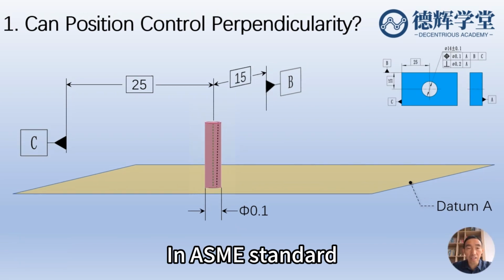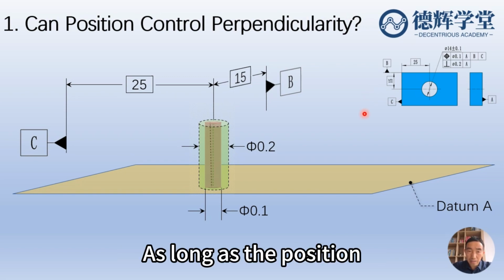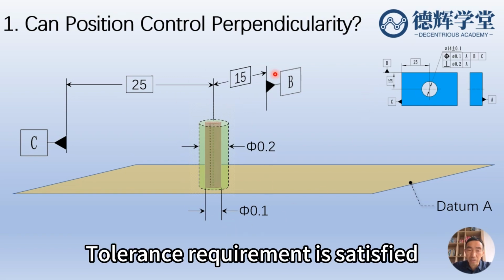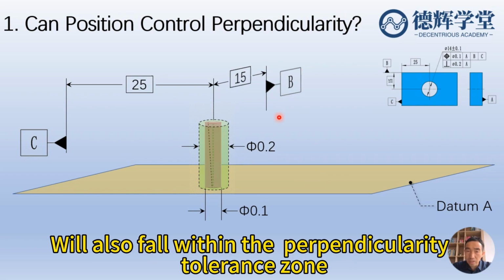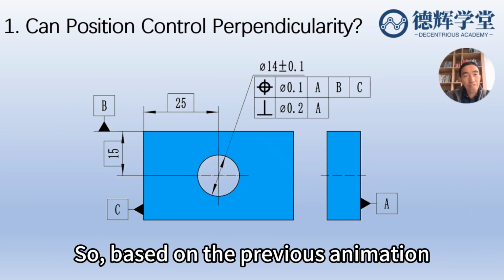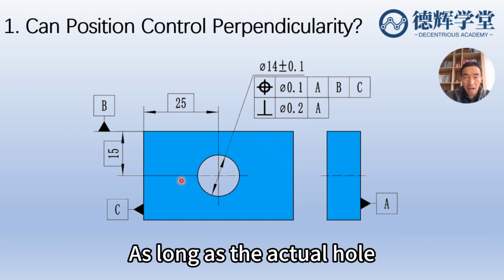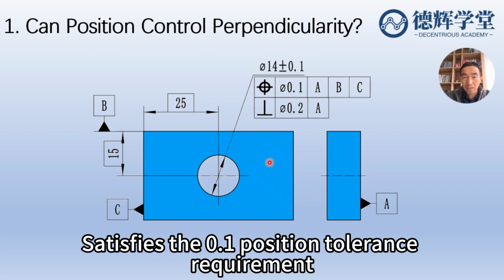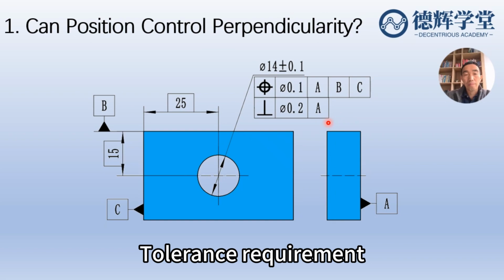In the ASME standard, the conclusion is the same. As long as the position tolerance requirement is satisfied, the axis will also fall within the perpendicularity tolerance zone. So, based on the previous animation, we can clearly see that as long as the actual hole satisfies the 0.1 position tolerance requirement, it will also satisfy the 0.2 perpendicularity tolerance requirement.